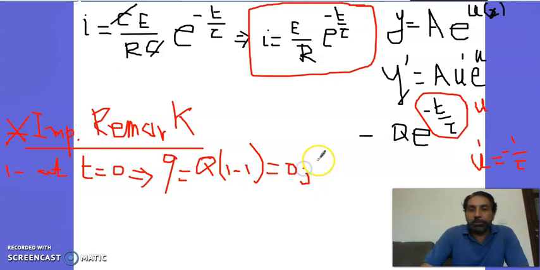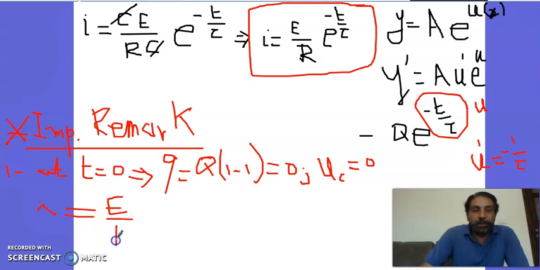Also, the voltage across the capacitor at t equal to 0, because Q equals Cu, is 0. And the electric current I, let's find I. And I equal, here's I, e power 0, 1. So I equal E over R. And please let me write it here like this. Better for you.